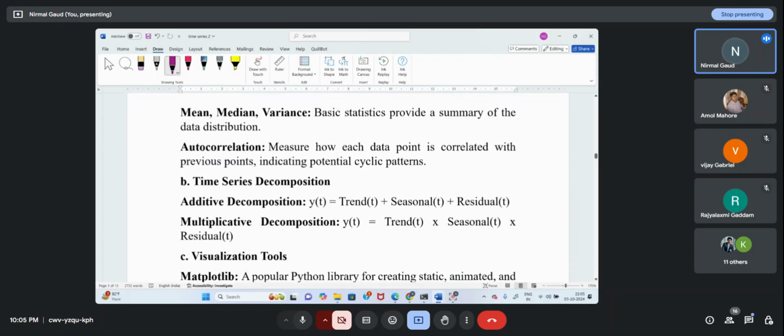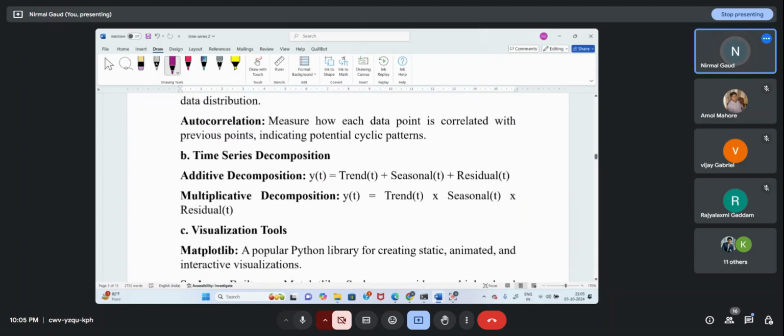We can find mean, median, variance, autocorrelation. That measures how each data point is correlated with the previous one. See, that's the theme of time series, autocorrelation. See, today is X. On the previous day, it was X minus 1, on the day before that, it was X minus 2.